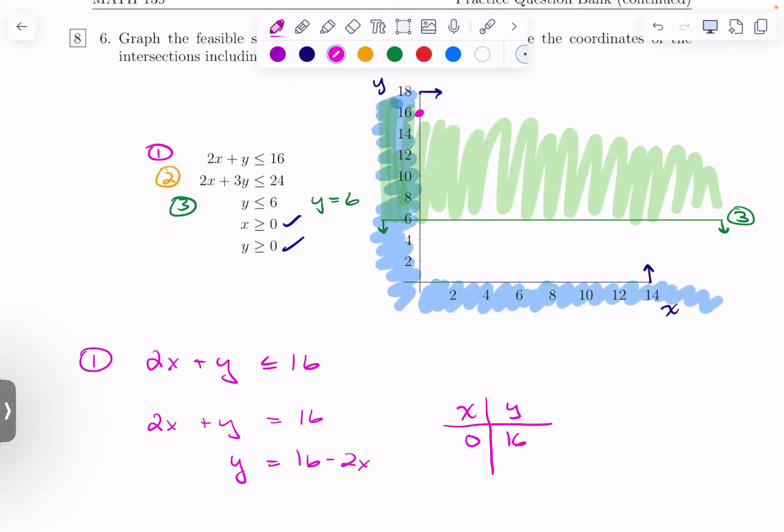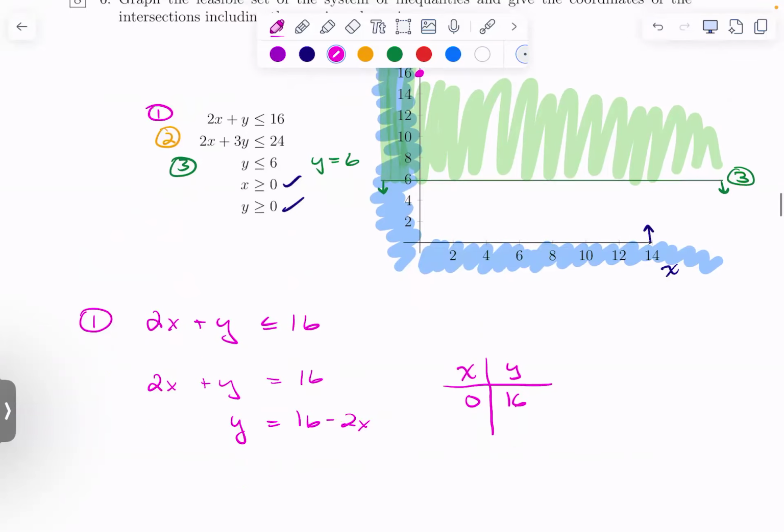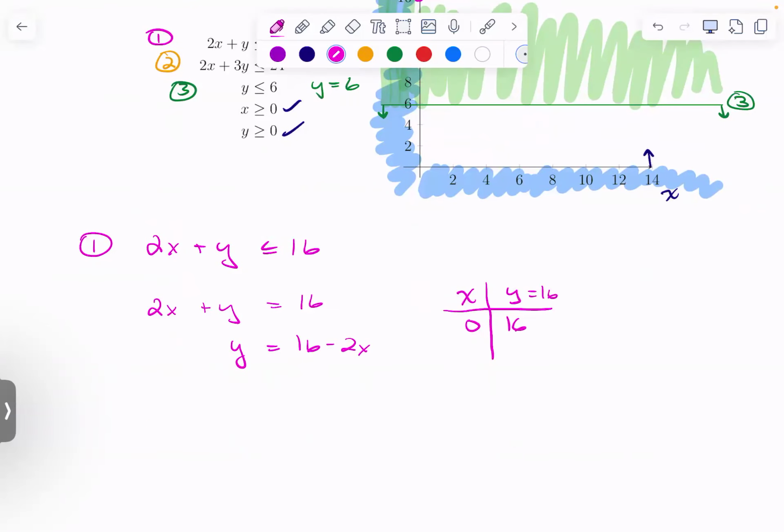That's 1 point on the line. Maybe I'll do 16 minus 2x to clarify here. A convenient value would be x equals 8. Why? Because then I could do 16 minus 2 times 8. That's nice.